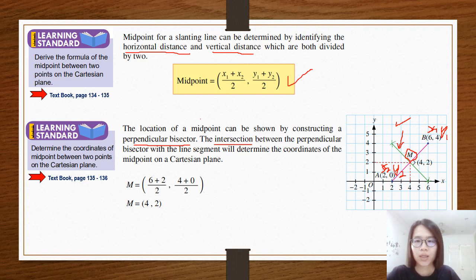So, x1 is 6 plus x2 is 2, then divided by 2. Next, y1 plus y2. y1 is 4 and y2 is 0. So, 4 plus 0 divided by 2. So, at the end, we got the midpoint of line AB equals 4, 2.